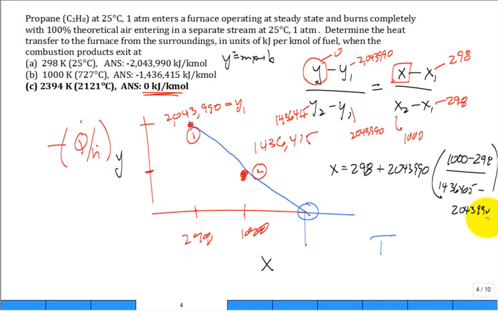I want to solve for this X, right? So maybe I should have written it like this. X is equal to X1 plus, or subtract Y1 times X2 minus X1 divided by Y2 minus Y1. Did I do the algebra there right?